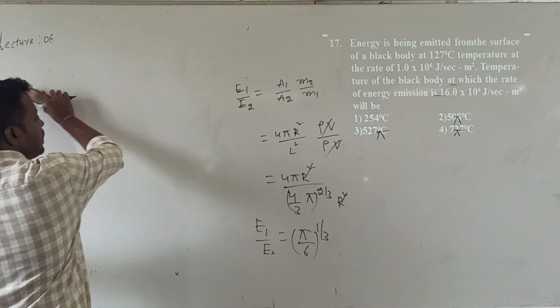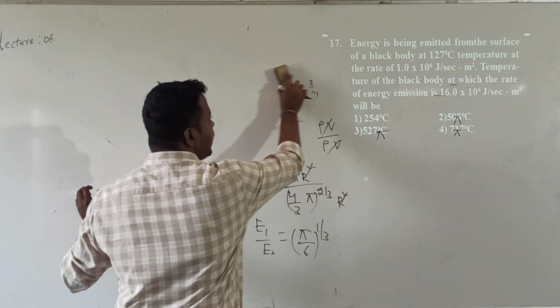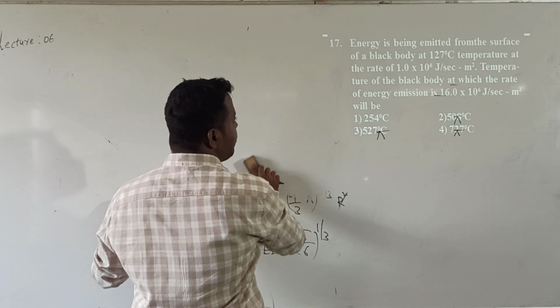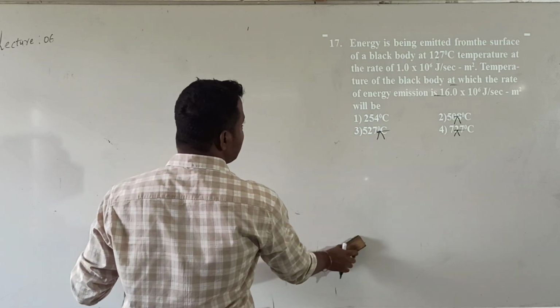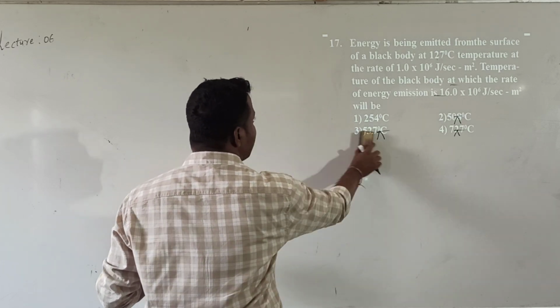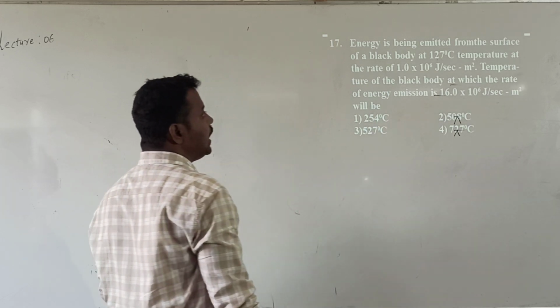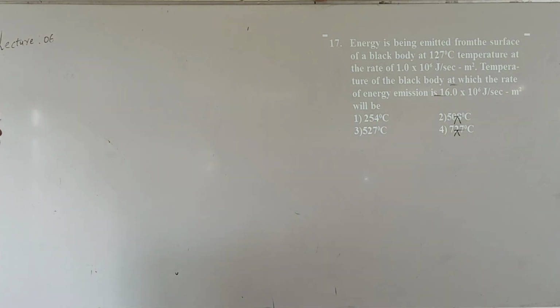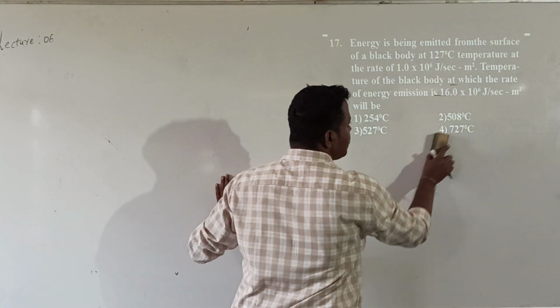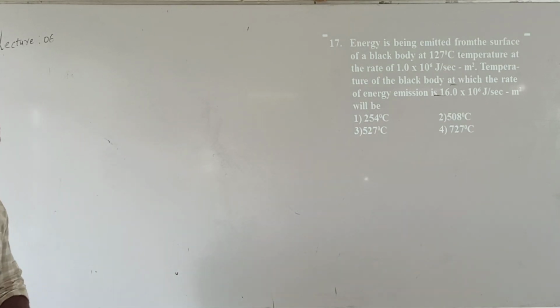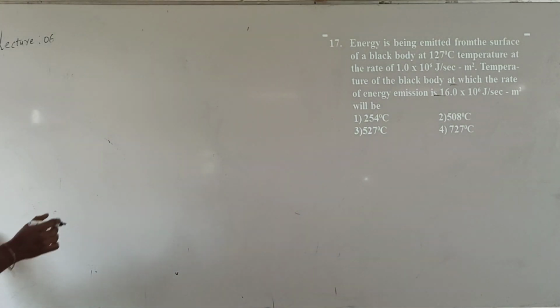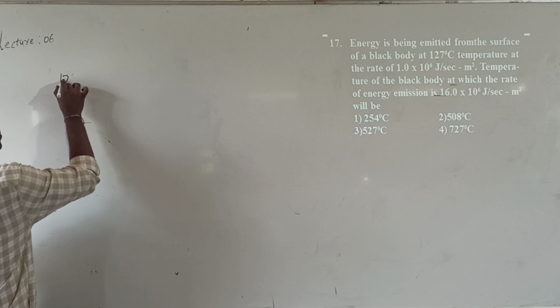So what is question number 17? The energy being emitted from the surface of a black body at 127 degrees Celsius temperature at a rate of 1 into 10 to the power of 6 joule by second. The temperature of the black body at which the rate of emission is 16 into 10 to the power of 6, that is the rate of heat emission, question 17.